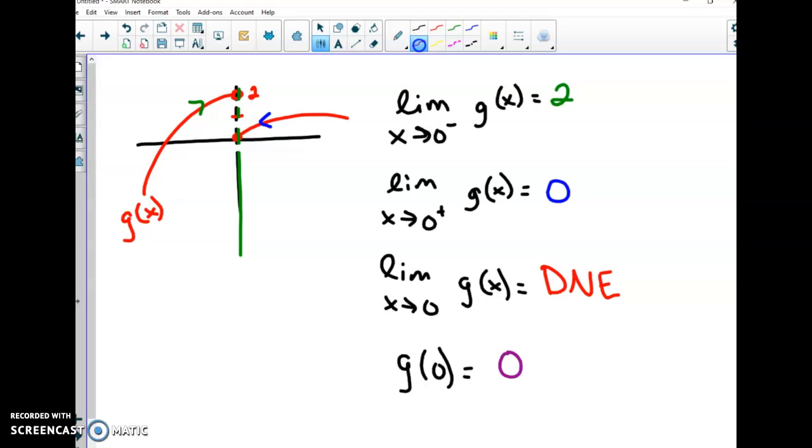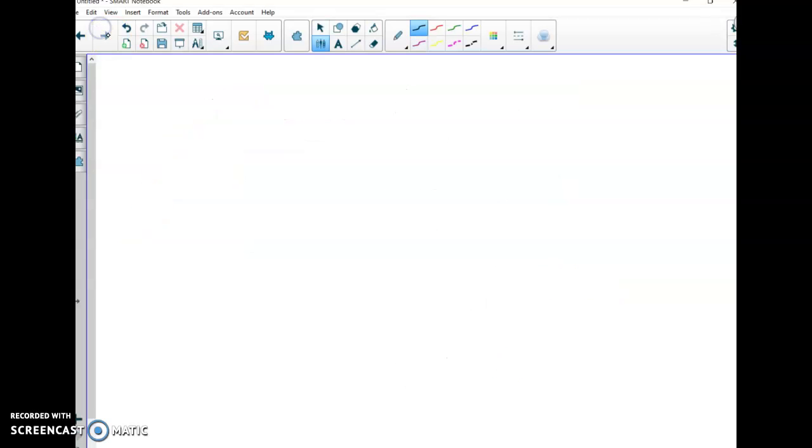The last thing that we need to talk about is approaching a limit with infinity, and they'll give you a function. So for instance, they might give you h of x equals some function. Let's go with x plus sine x over x.